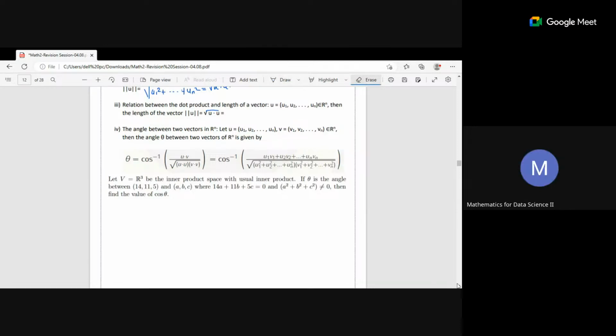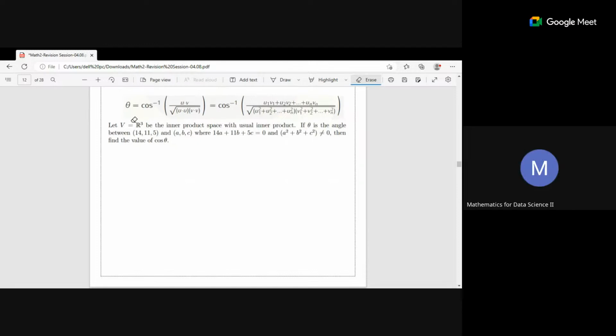Now let V equal to R3 be the inner product space with the usual inner product. If theta is the angle between this vector and this vector, where this a, b, c satisfies this condition. That means, let us say this is v1, which is 14, 11 and 5, and v2 is a, b and c.